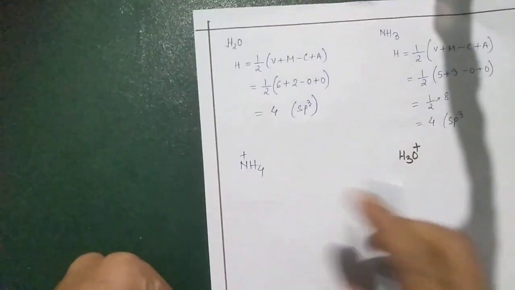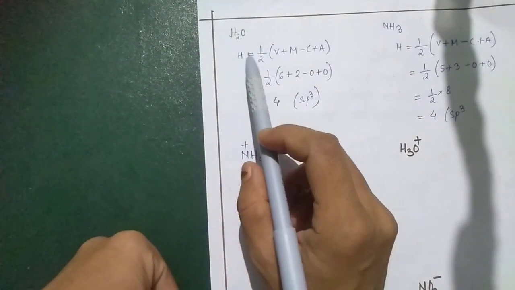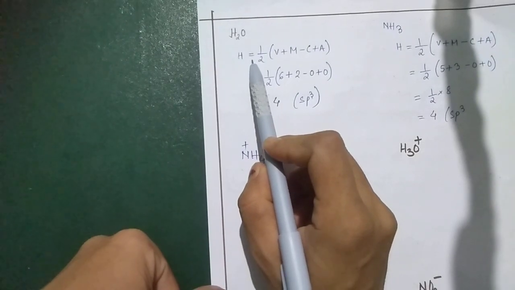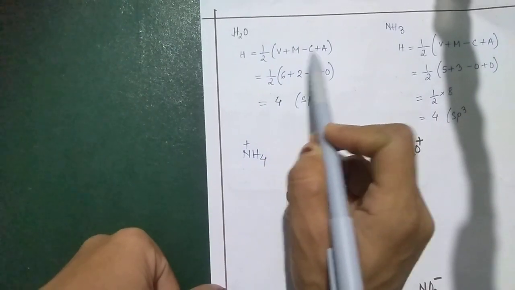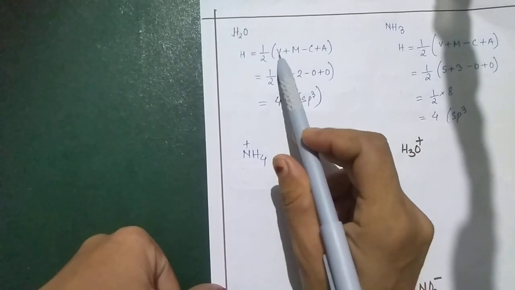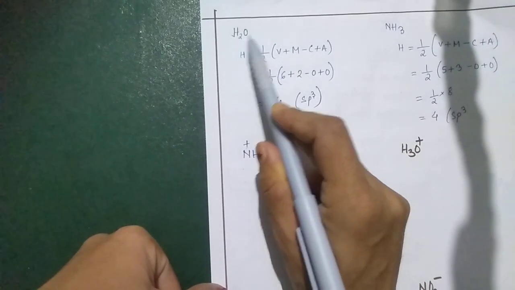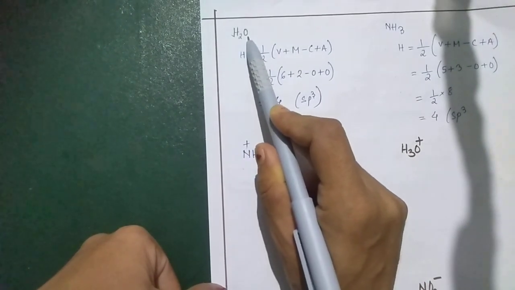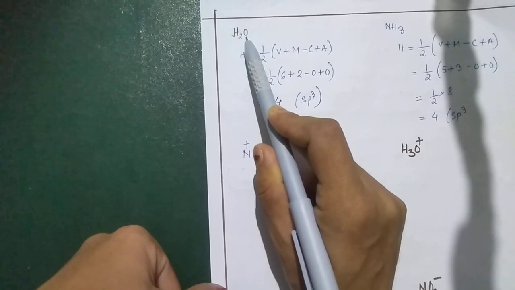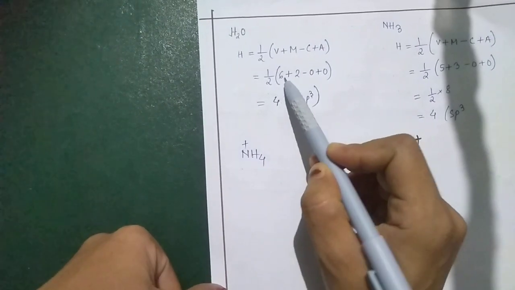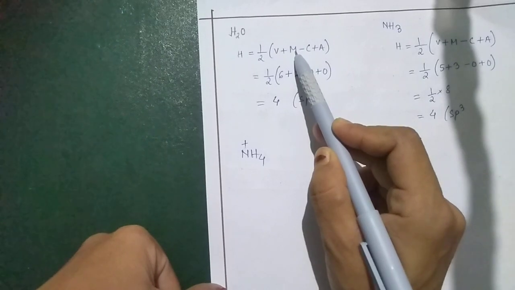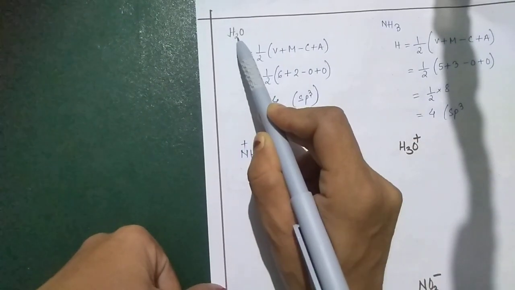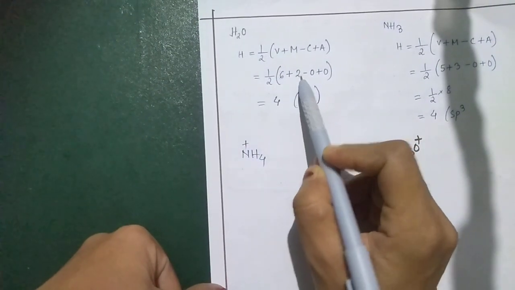Let us take another example, H2O. Let us find the hybridized orbital: half V plus M minus C plus A. V is the number of valence electrons of the central atom. Here the central atom is oxygen. Oxygen has 6 valence electrons. M is the surrounding monovalent atoms. How many surrounding? 2. Is there any charge?